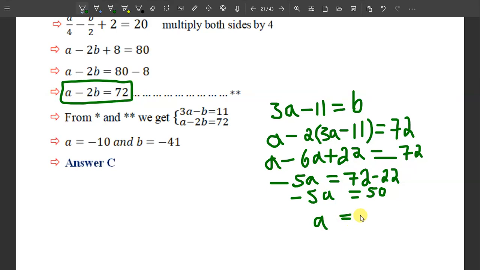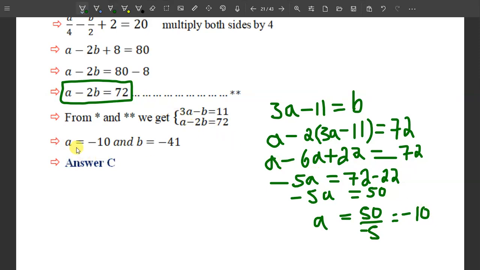Here 50 over minus 5. When 50 is divided by minus 5, it becomes minus 10. Therefore, the value of a is minus 10. That is how to apply the substitution method to find the variables involved in a system of linear equations.